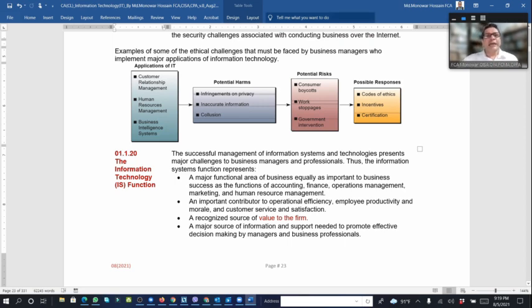Look here: the application of IT, that means customer relationship management, human resources. The potential harm is that privacy may not be maintained within that system, and the potential risk is that customers can boycott. For example, you deposit an amount in your bank, and that information is private.